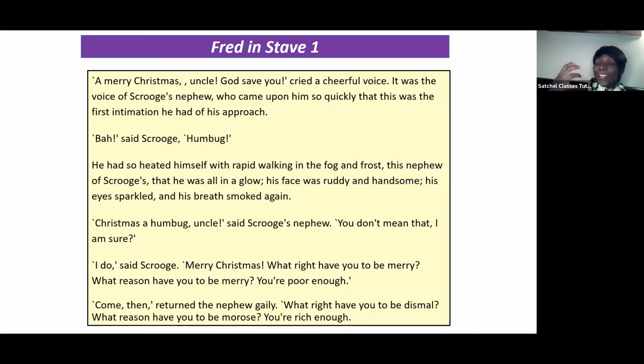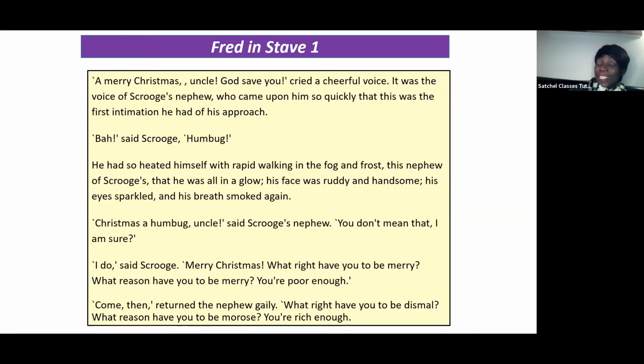His face was ruddy and handsome, his eyes sparkled, and his breath smoked again. "Christmas a humbug, Uncle," said Scrooge's nephew. "You don't mean it, I'm sure." "I do," said Scrooge. "Merry Christmas! What right have you to be merry? What reason have you to be merry? You're poor enough." "Come then," returned the nephew gaily.